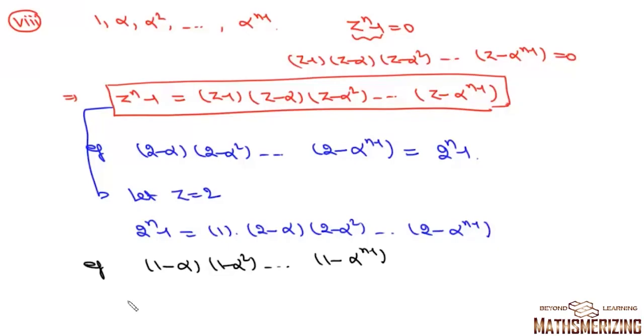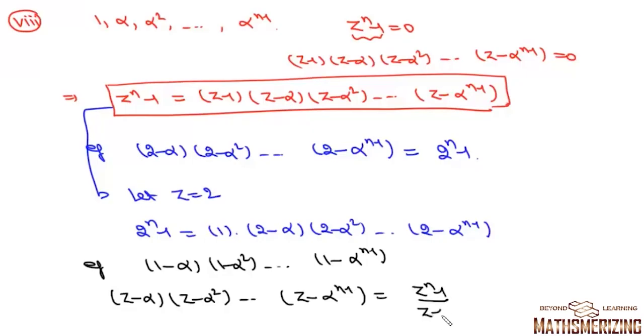So in that case what we'll do is, we'll write z minus alpha, z minus alpha square up to z minus alpha to the power n minus 1 as z to the power n minus 1 upon z minus 1, and then we'll take the limit z tends to 1.